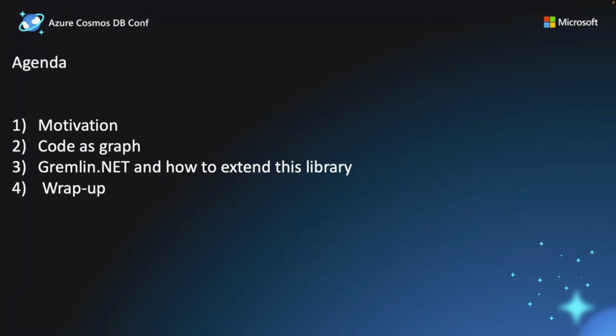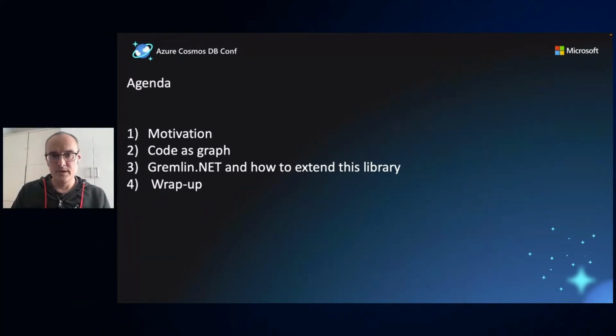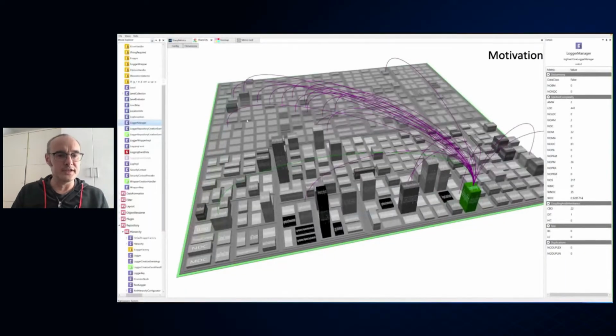And then I'm going to use Gremlin.NET and show to you some examples how to use it and how to extend it as well. And finally, I'm going to give a brief wrap up of the whole thing I'm going to show you in this 25 minutes.